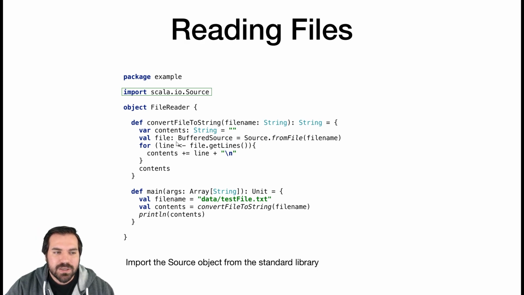If you type out this line, oh, and damn it, I didn't update this. I have to import buffered source as well, the way I have this structured. In the examples repo, buffered source is imported as well. So if you pull this up in your examples repo, in the package example.filereader.scala, that does have buffered source imported as well.